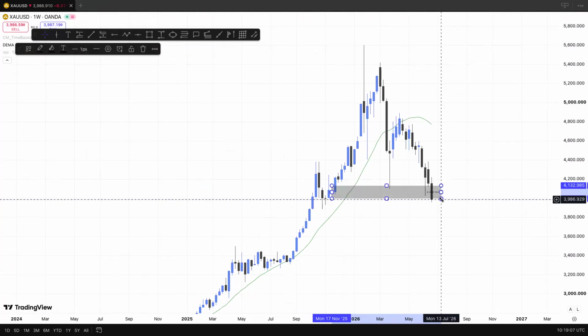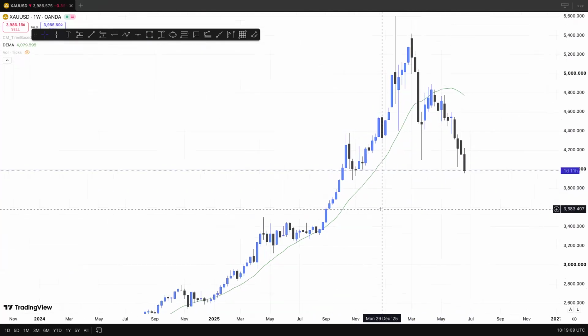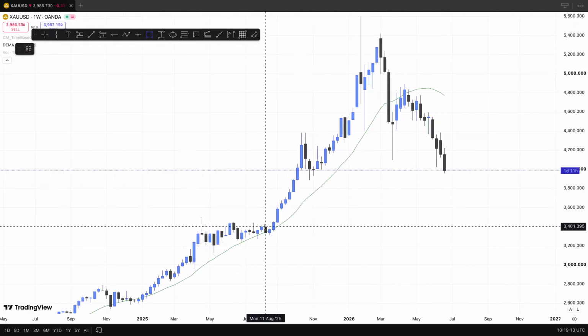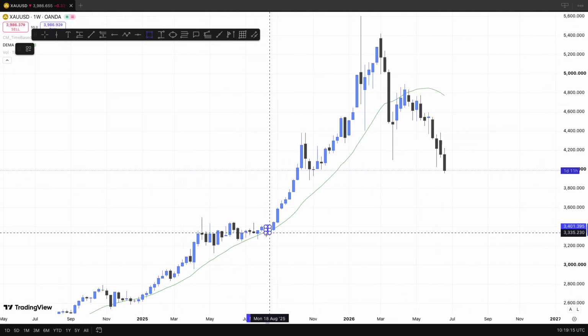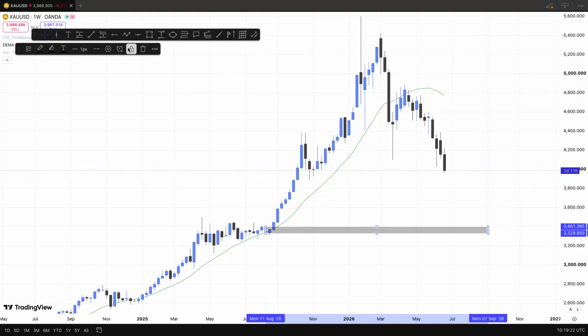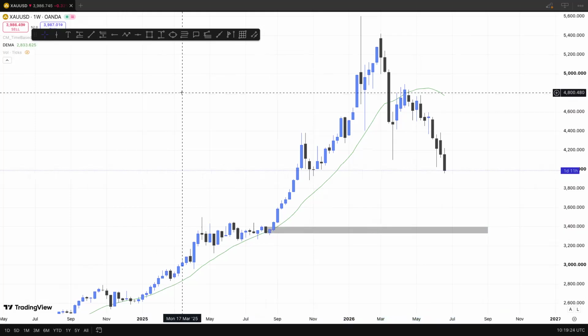Okay. So since price is coming down, price is likely to find a fresh demand next. So this is the fresh demand we are likely to find on the weekly time frame if price is to continue on that impulse to scale down further.